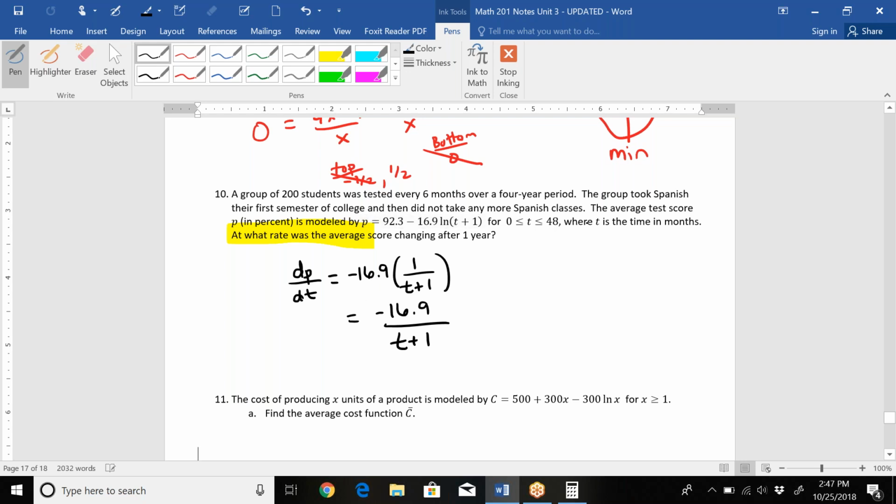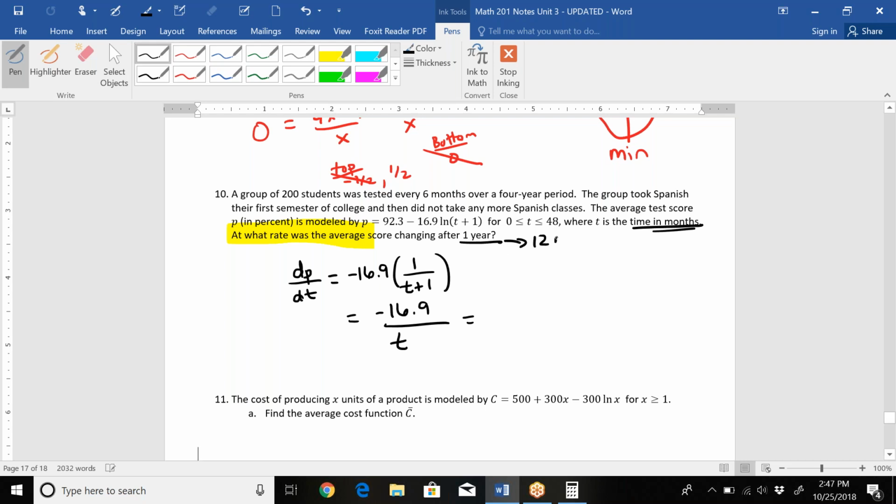Now it says, at what rate is the average score changing after 1 year? So we're plugging in 1 for t. So negative 16.9 over 1 plus 1 is negative 16.9 divided by 2. Oh, that's 1 year. Sorry, I'm not paying attention. We are not plugging in 1. It's 1 year, and this formula is in months. Pay attention to your reading. I'm talking to myself.